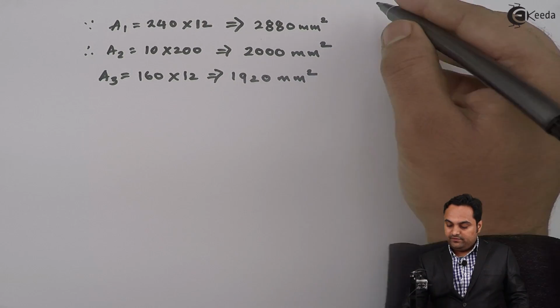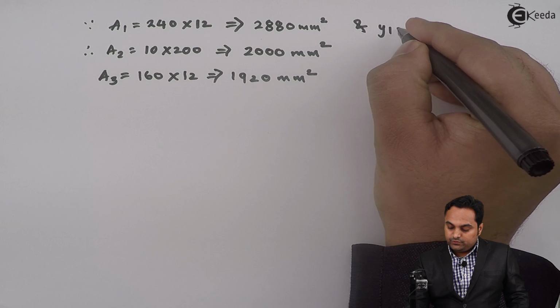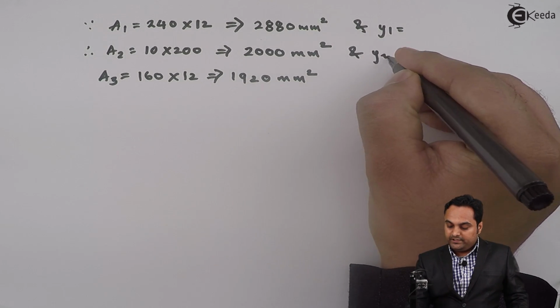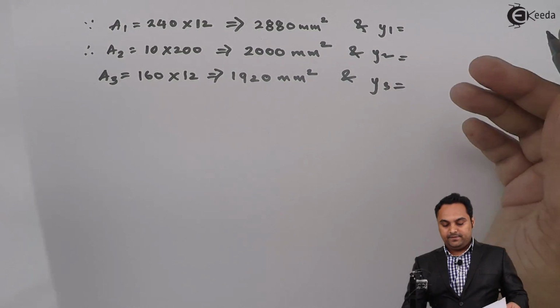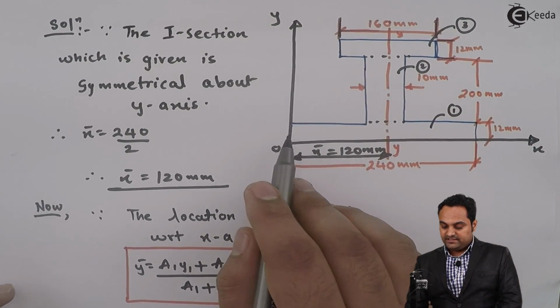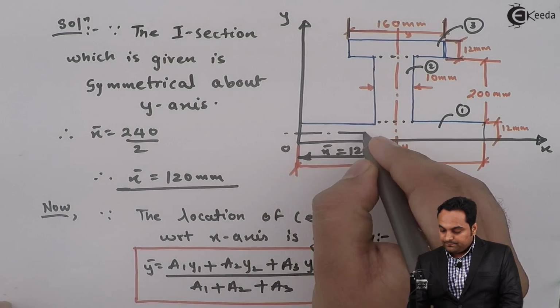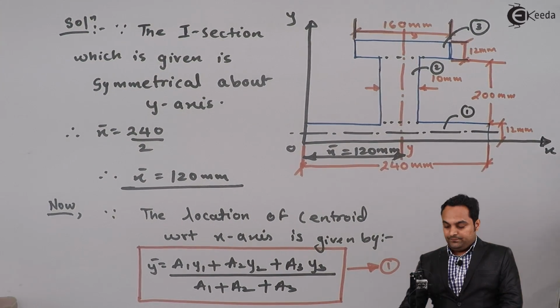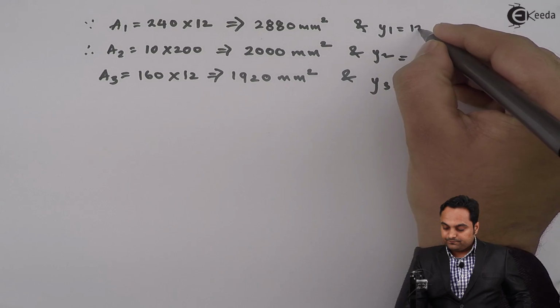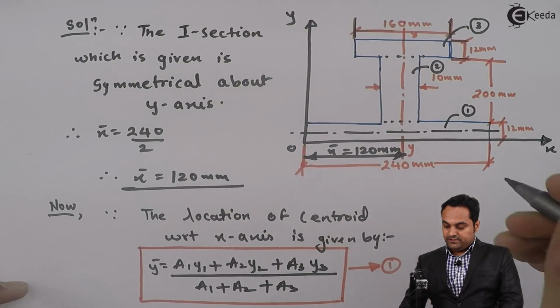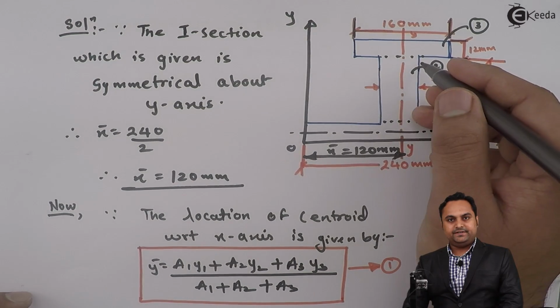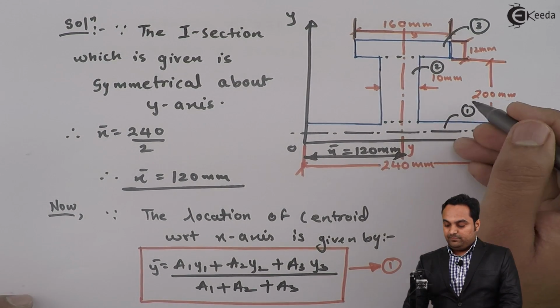And similarly we can get the values y1, y2 and y3. y1 will be the location of x-axis for the first rectangle. It will be at half of 12, it is 6 mm.